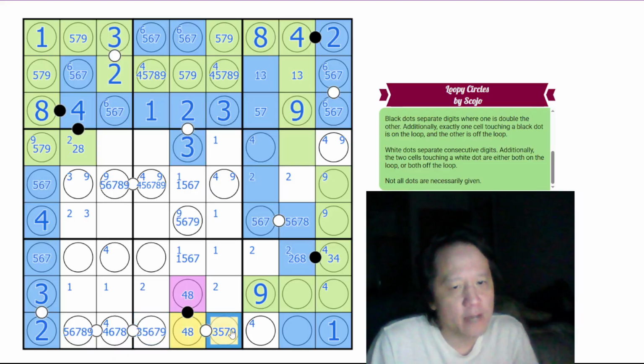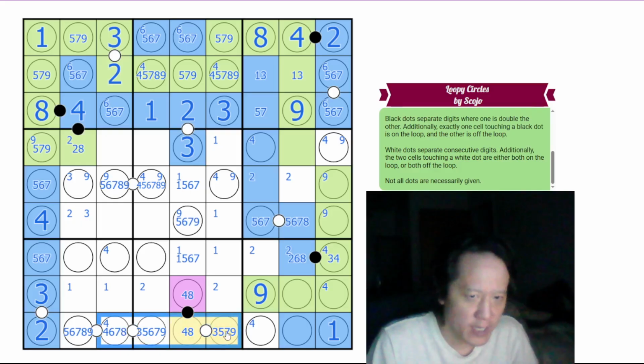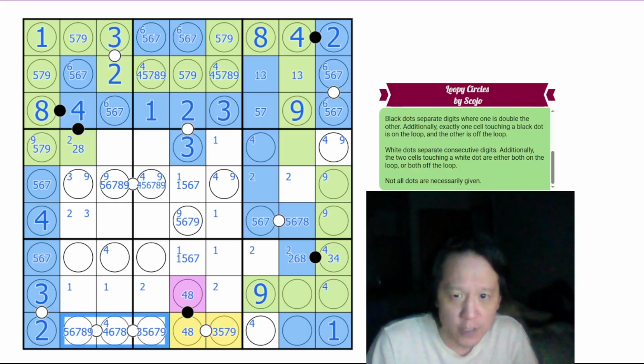So 9 must be either here with 8, or 9 has to be one of these 2 with 8. So I think this is always on the loop, right? 9 always has to be on the loop. It's either here with 8, and that would be on the loop, and then it would have to go this way. Or it's one of these 2, which means it's on the loop here. So this is always on the loop here, which means it must come in from that way.